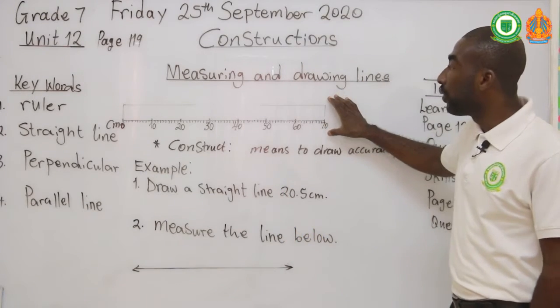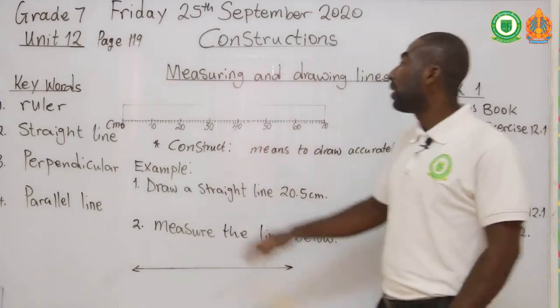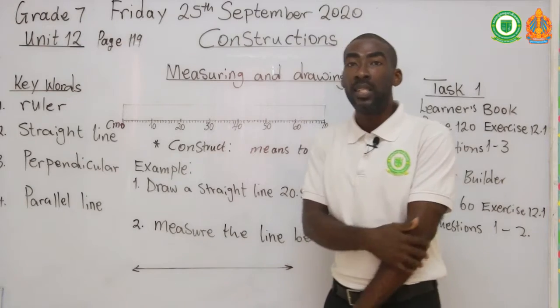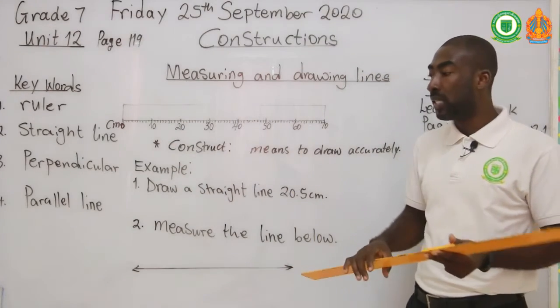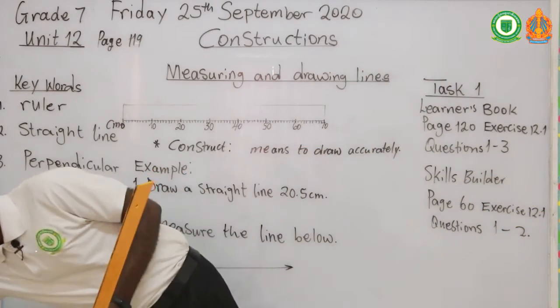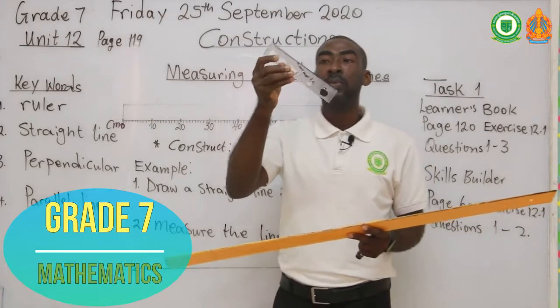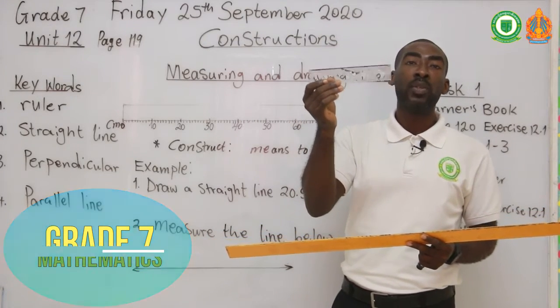So this drawing shows a ruler which I'm holding in my hand. It has a measurement in centimeters, and on your other smaller rulers you have millimeters in between the centimeters.